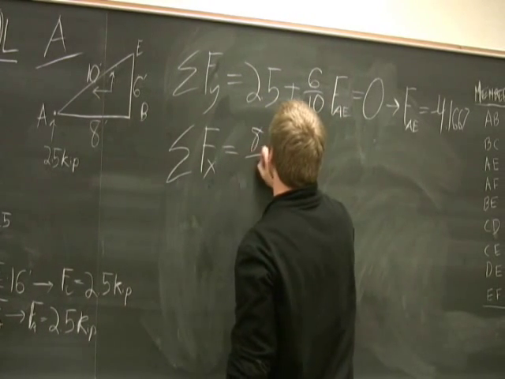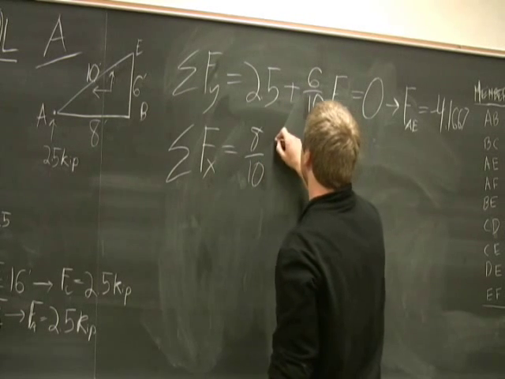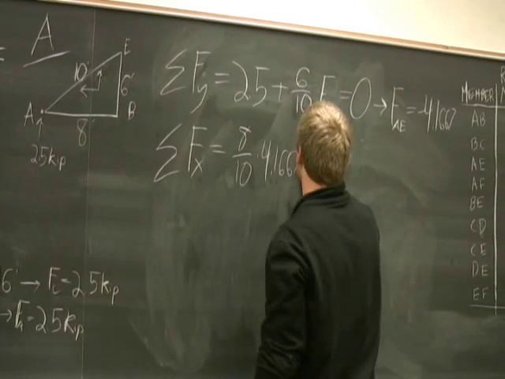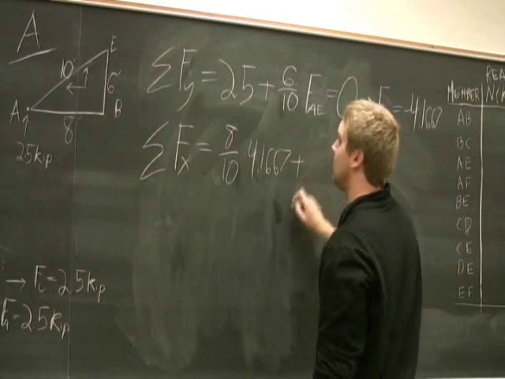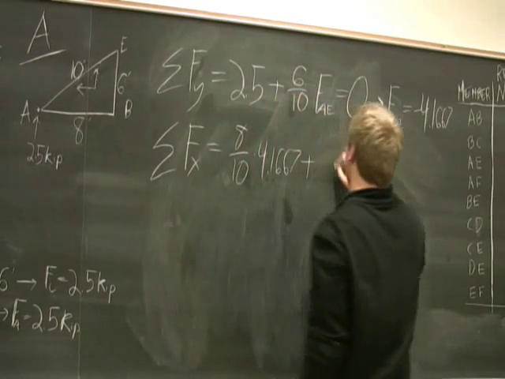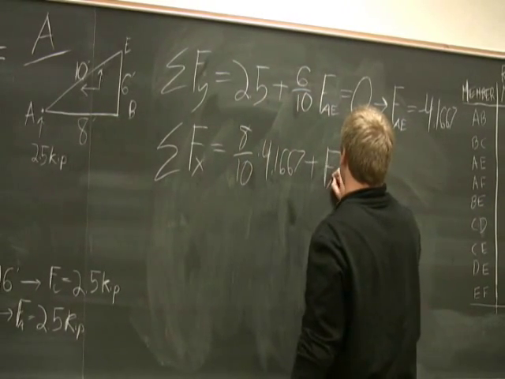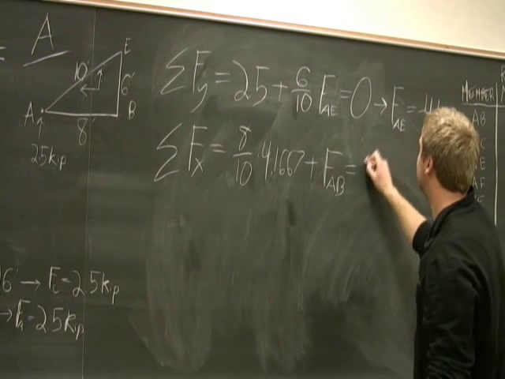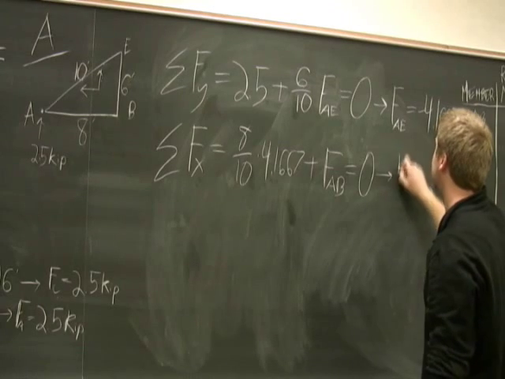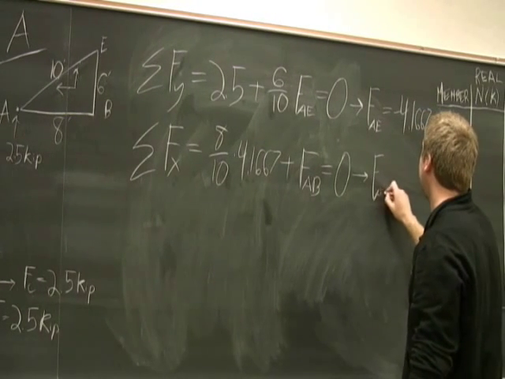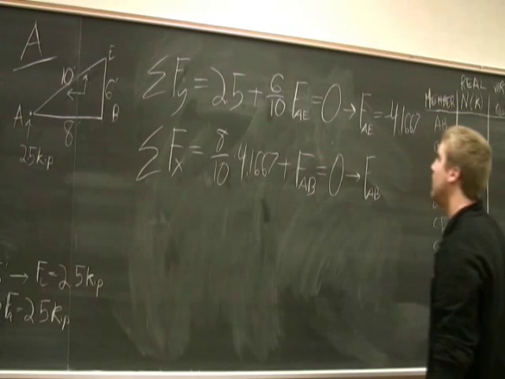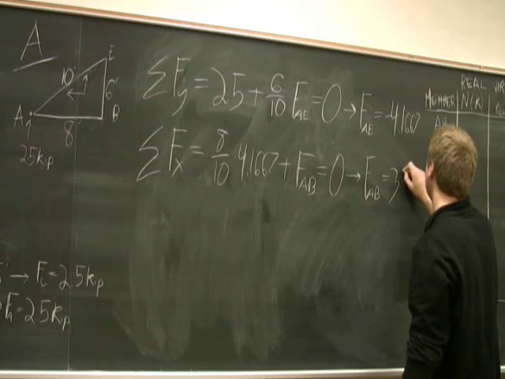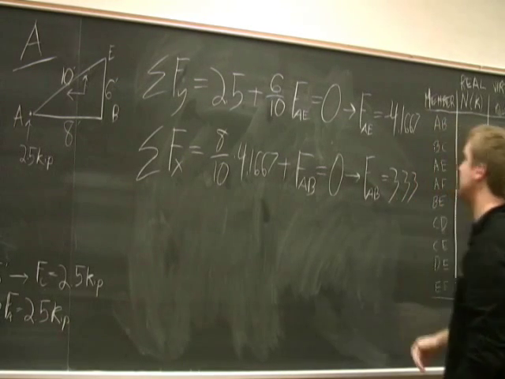So 8/10 multiplied by 4.1667 plus the force in AB is equal to 0. Solving for the force in AB, we get 3.33 kips.